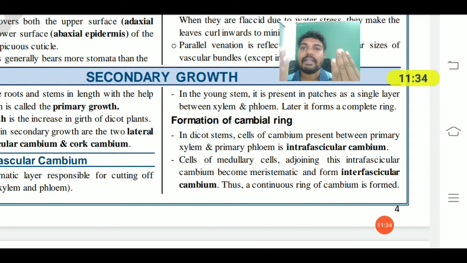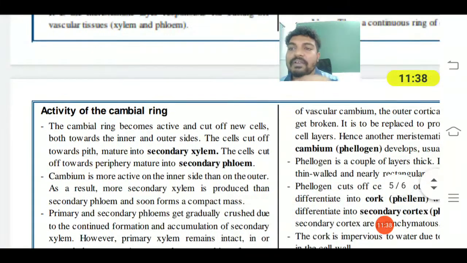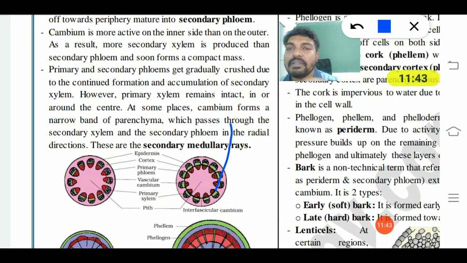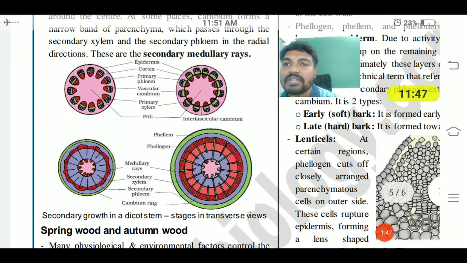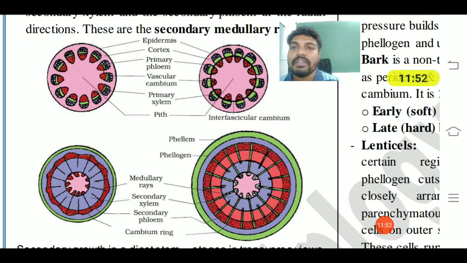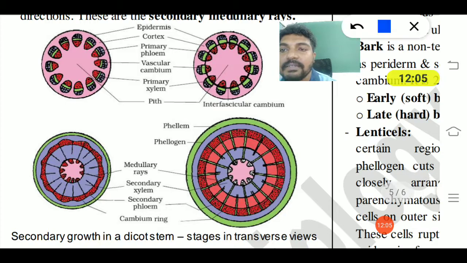When both intra and intervascular cambium form a complete ring, it starts synthesizing new cells, on both the inner side and outer side. Got it? On the inner side it synthesizes secondary xylem, and on the outer side it synthesizes secondary phloem cells.